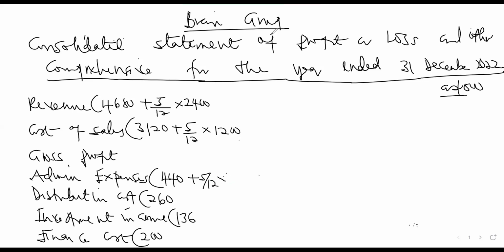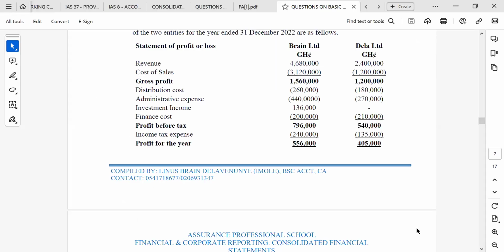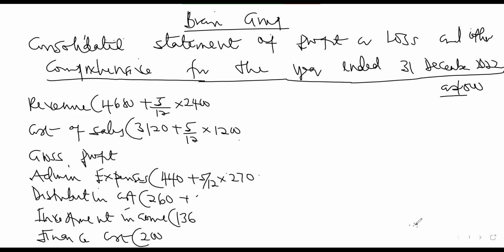Okay, so let's have administrative expenses, which is 270. So are you sure? Distribution cost comes first before that one. Okay, 270, plus 5/12 multiplied by 180.